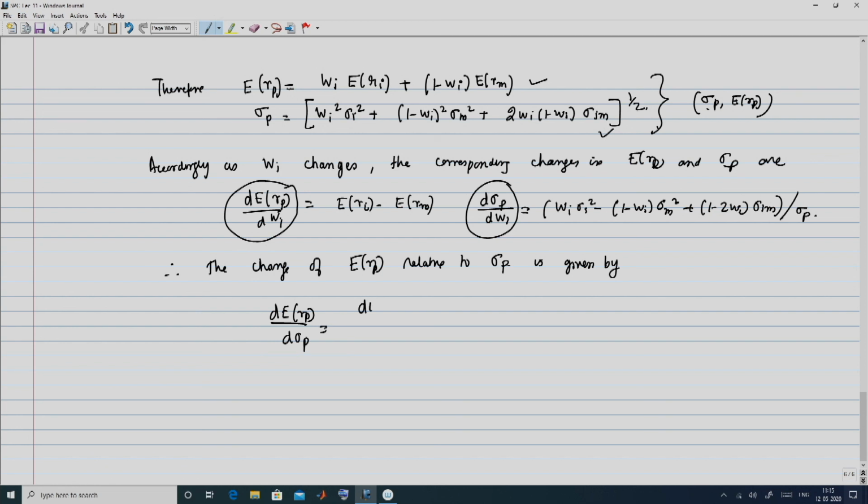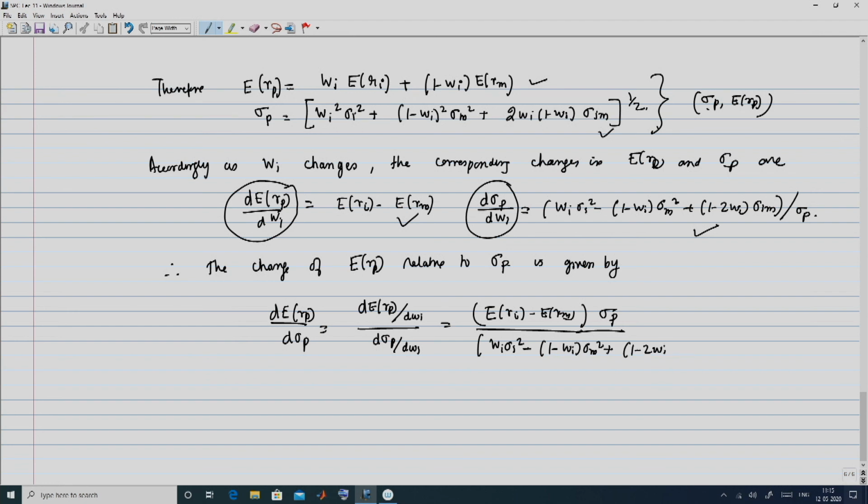This can be written as dERP dWI with respect to d sigma p dWI, and this will be ERI minus ERM from here, and this term will be in the denominator. So, the sigma p will come to the top and the denominator will have WI sigma I square minus 1 minus WI sigma m square plus 1 minus twice WI sigma I m.